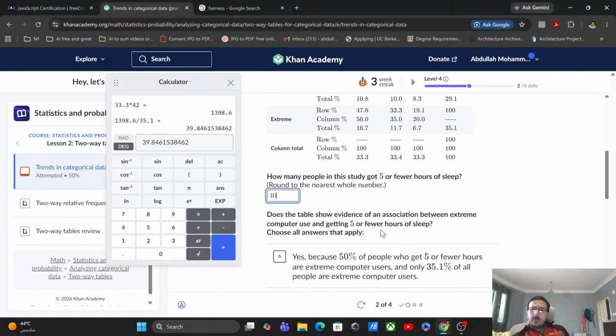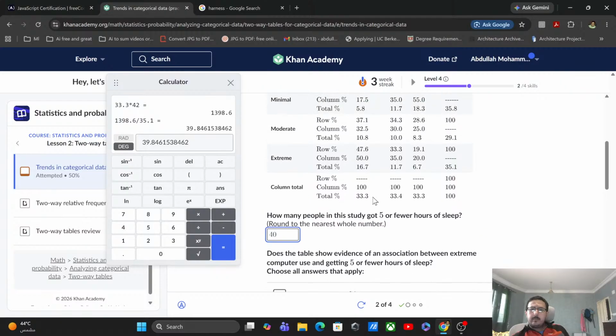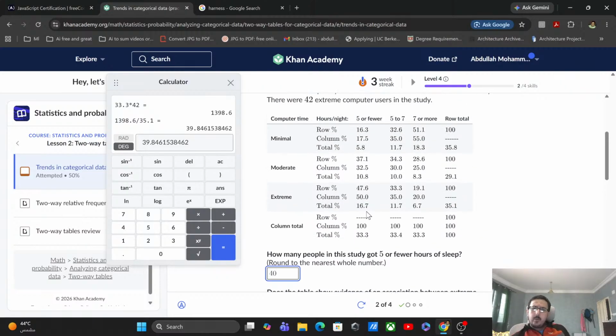Does the table show evidence of an association between extreme computer use and getting 5 or fewer hours of sleep? So extreme, 5 or fewer, 16%.